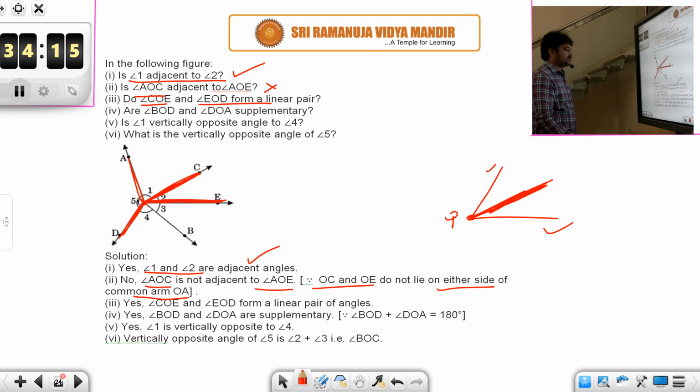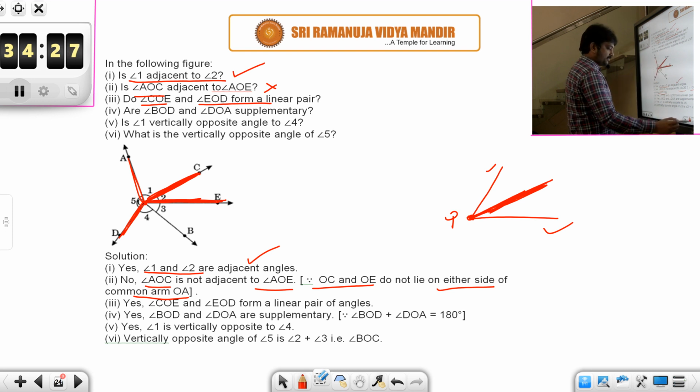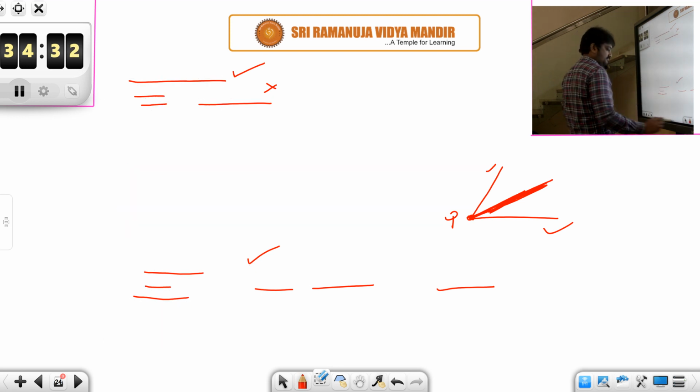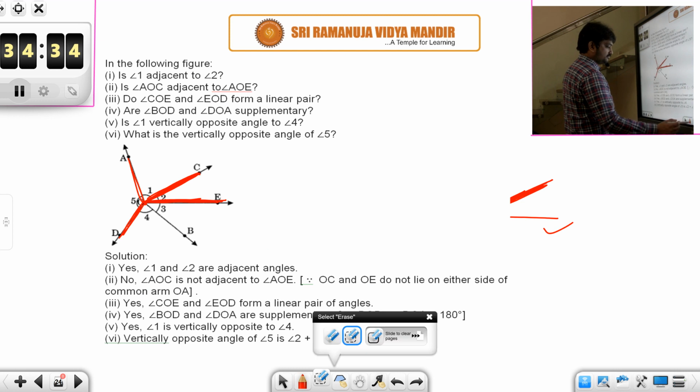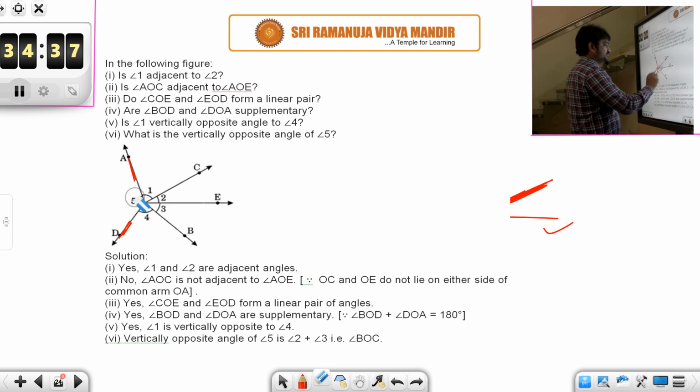Do they form a linear pair? Look at this, COE, this angle, and angle EOD. Do they form a linear pair?